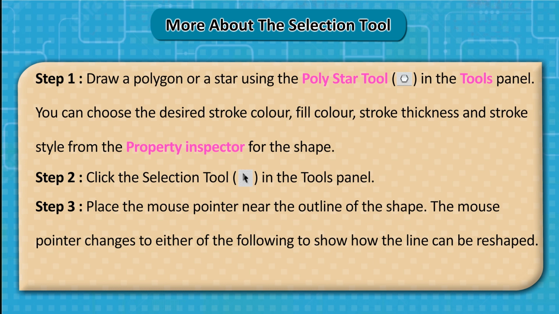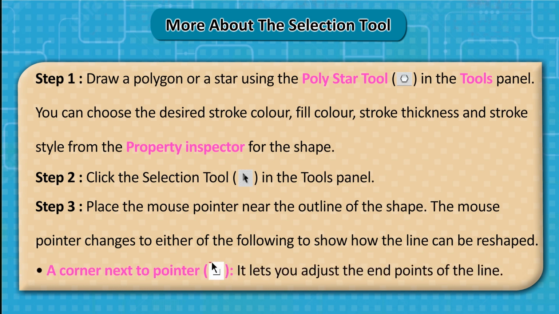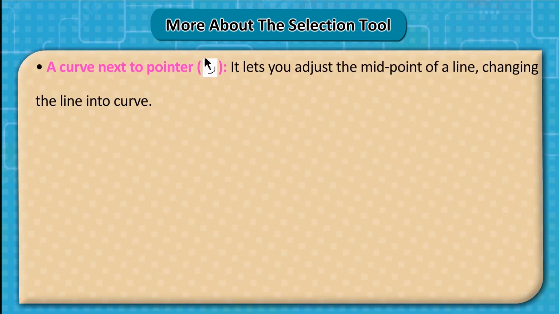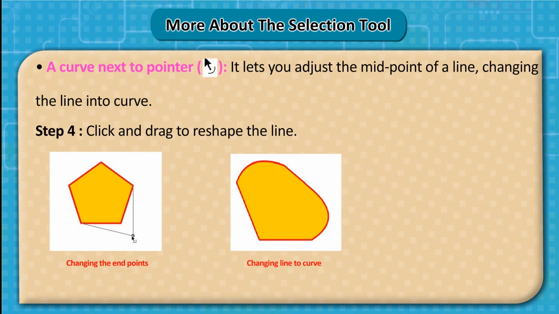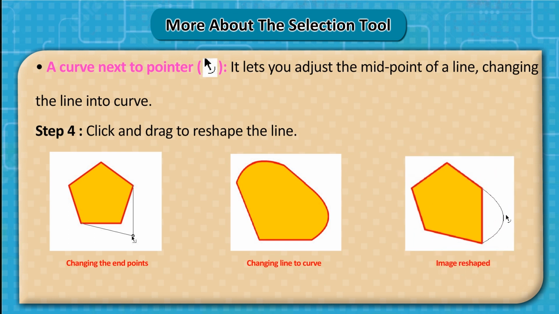The mouse pointer changes to either of the following to show how the line can be reshaped. A corner next to the pointer lets you adjust the endpoints of the line. A curve next to the pointer lets you adjust the midpoint of a line, changing the line into a curve. Step 4. Click and drag to reshape the line. Changing the endpoints. Changing line to curve. Image reshaped.